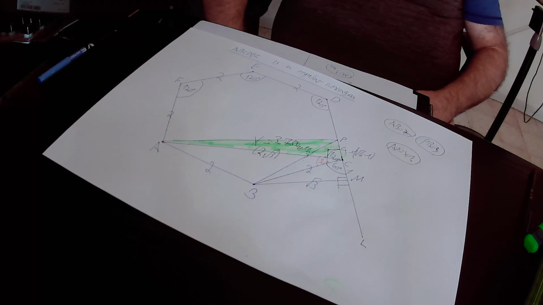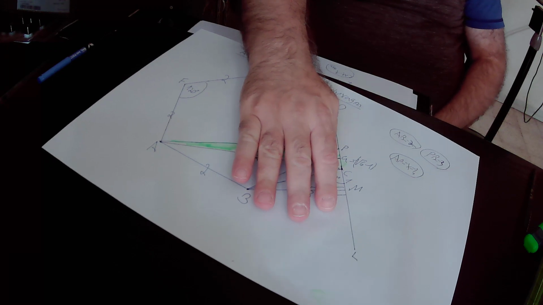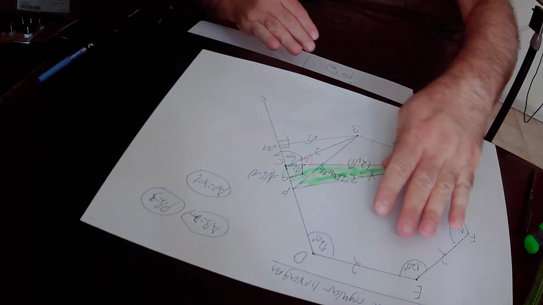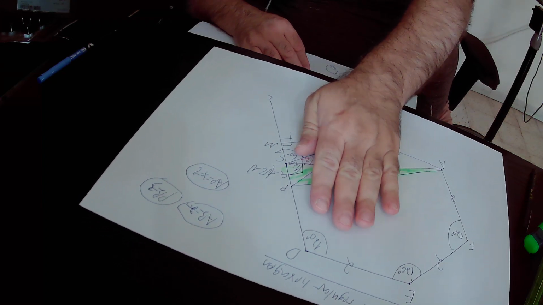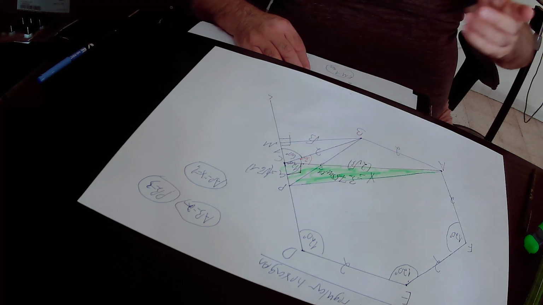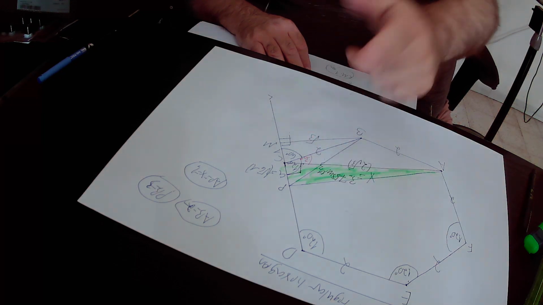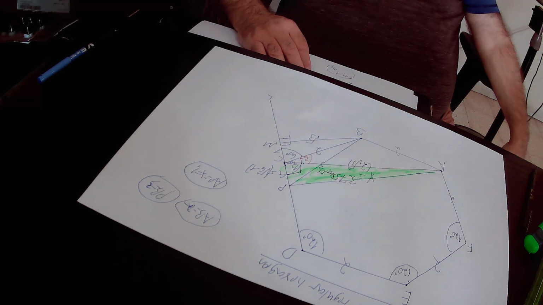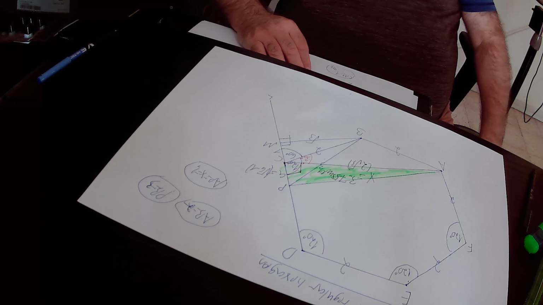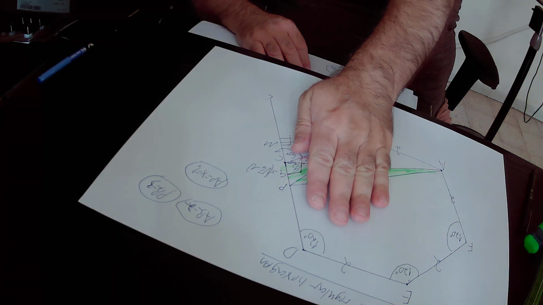If we focus on this side of the straight line DL at point C, the sum of the angles on this side of DL at point C must be equal to 180 degrees, according to the rule that the sum of the angles on one side of a straight line is equal to 180 degrees. So which angles do we have on this side?